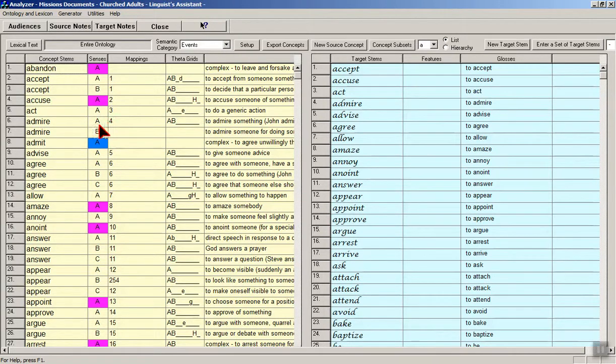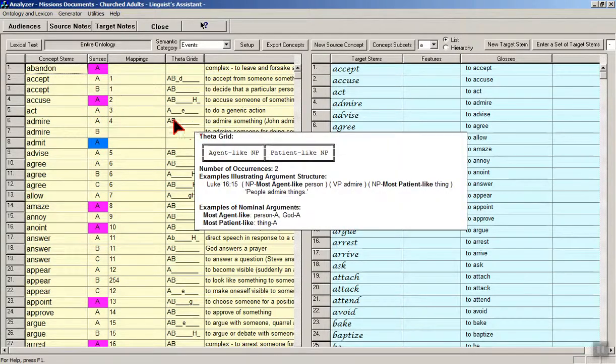Now let's look at admire. So if I put the mouse over the fourth column item, which has theta grids at the top, then I can see an example. It says people admire things.